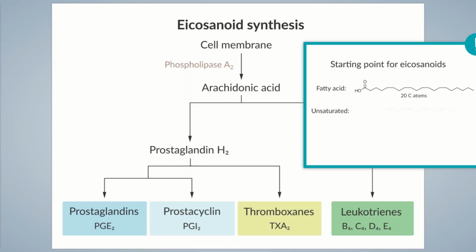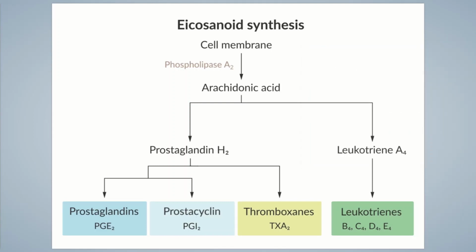Unsaturated means that not all carbon atoms carry the maximum number of hydrogen atoms, but form double bonds. 3 to 5 such double bonds are required to synthesize eicosanoids. The most common and therefore important representative of this type of fatty acid is arachidonic acid, which has 4 double bonds. Okay, let's go back to eicosanoid synthesis.